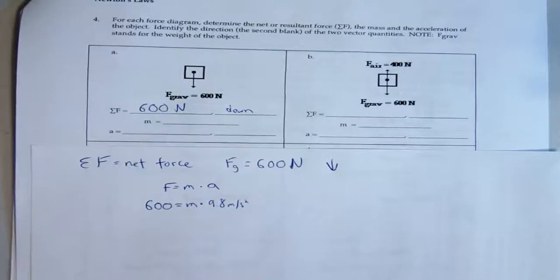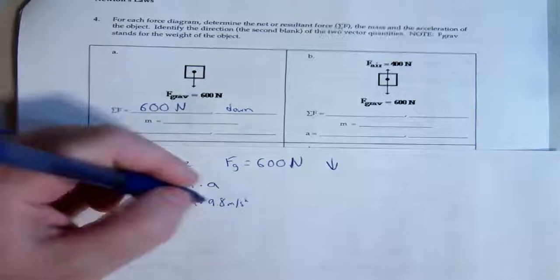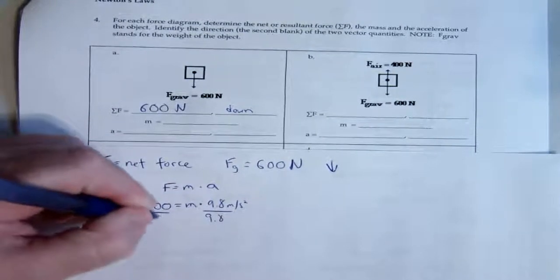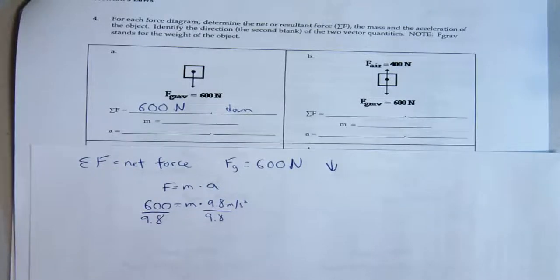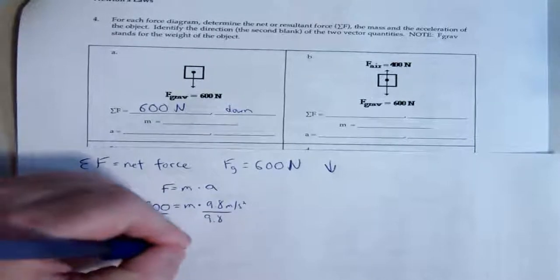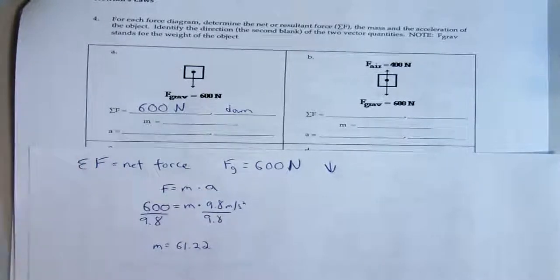So, with that being said, let's do it in the calculator. We know it's multiply here, so we got to divide by 9.8. So I'm going to do it on my calculator. 600 divided by 9.8 equals 61. I'm going to flip the mass, so the mass on the left side now. 61.22.